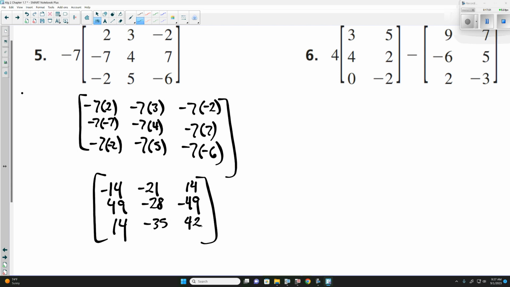And then we just need to multiply them together. And we get this matrix. Questions on this here?